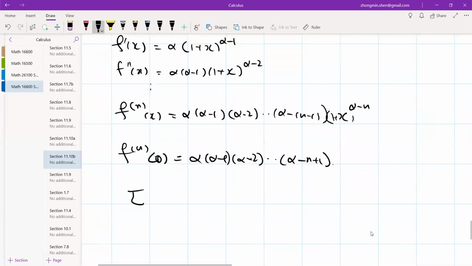So now you get n factorial times the coefficient of x^n, which is f^(n)(0).